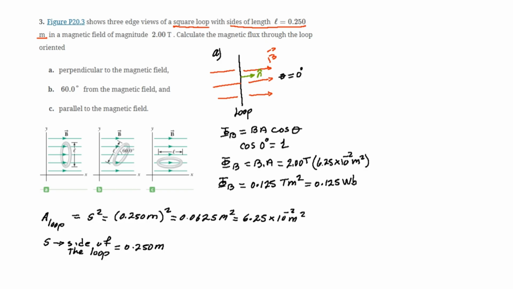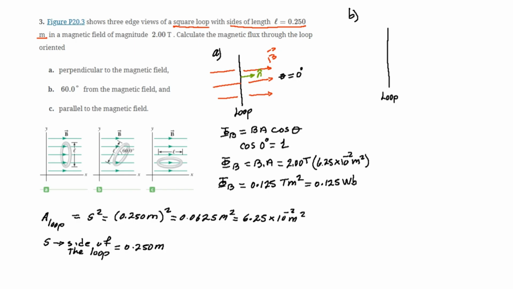Now, we have a second case here that could be confusing. Why? Because again, we have the loop. And now I say the loop is oriented 60 degrees from the magnetic field.